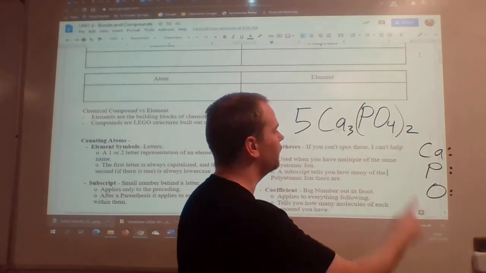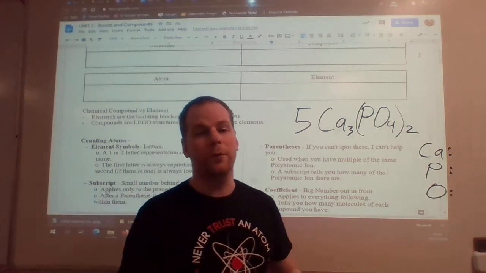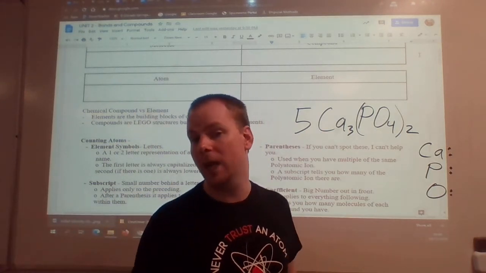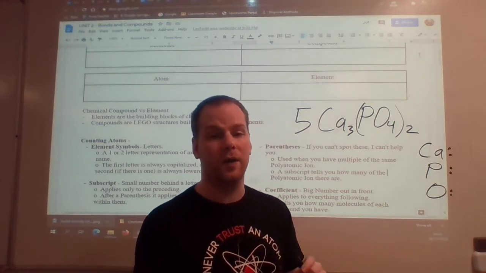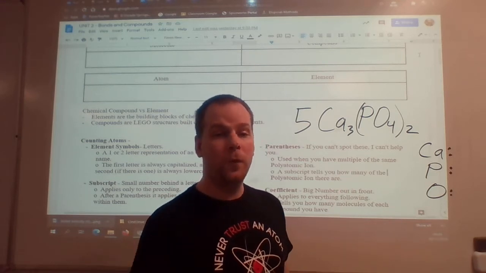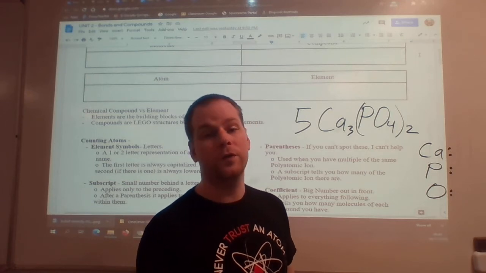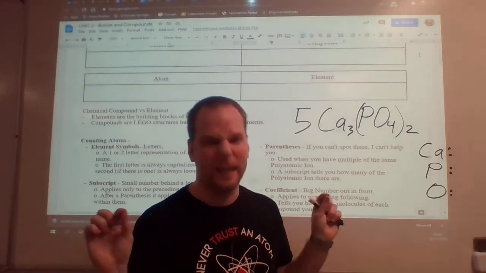But you might also have noticed these parentheses. Parentheses are used when a subscript has to apply to multiple element symbols. This is usually the result of a polyatomic ion, as is the case here. PO4 is the polyatomic ion phosphate, one of the ones you're going to have to be able to recognize because we are going to use it a ton in the next unit.